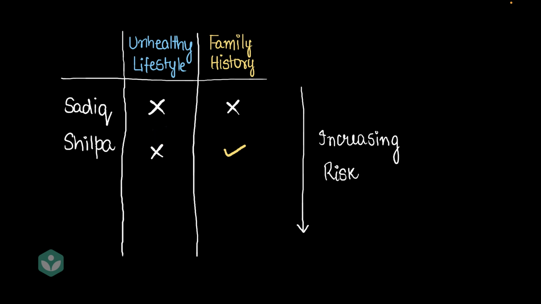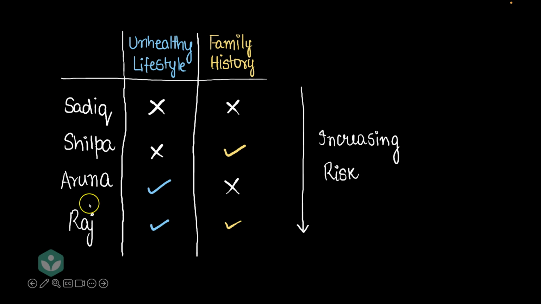These people, like Shilpa, have a little more risk than people like Sadik, right? Next, we've got Aruna. Aruna lives an unhealthy lifestyle but does not have a family history of diabetes. And last, we've got Raj, people like Raj who have an unhealthy lifestyle and have a family history of diabetes, right? It's kind of obvious that Raj would come last in this, right? And that means he has the greatest risk of contracting diabetes.